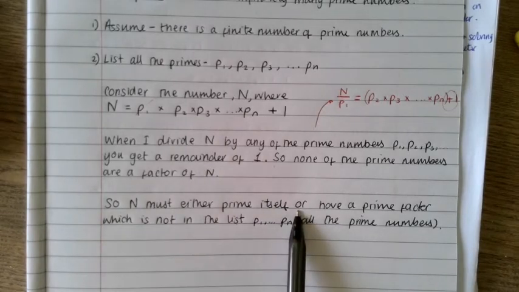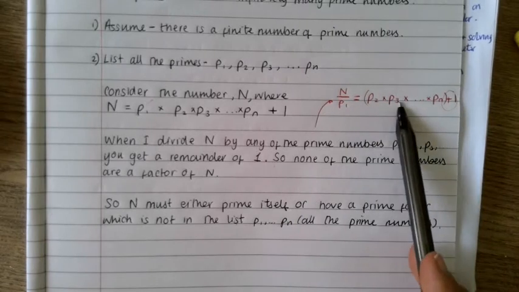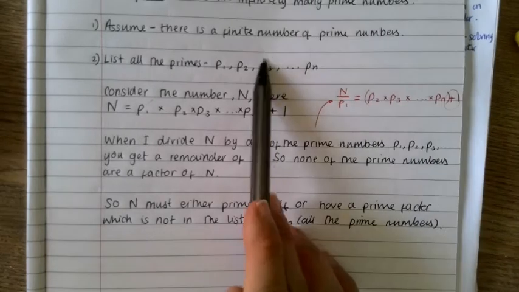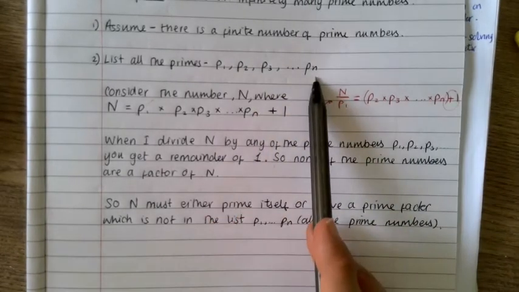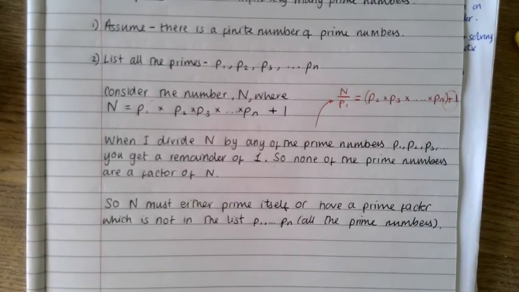Or maybe there is a prime number that divides into it, but that prime number isn't in that list. But we just said this is the list of all the primes. So that's your contradiction. Okay?